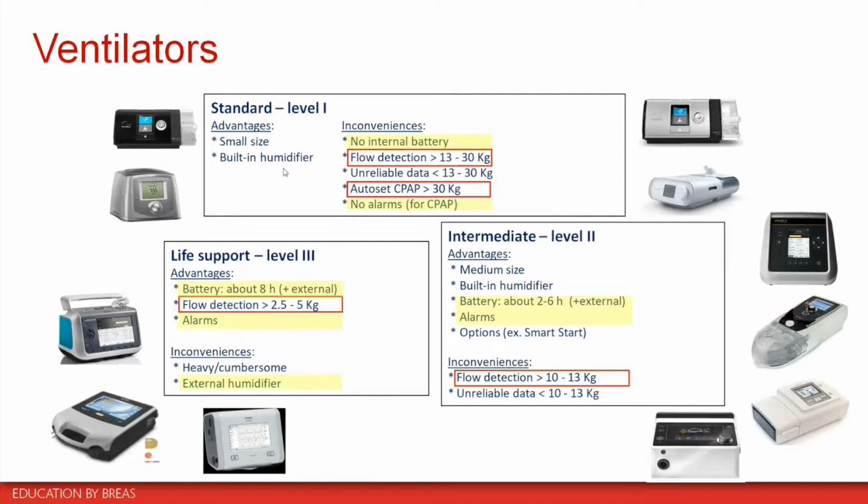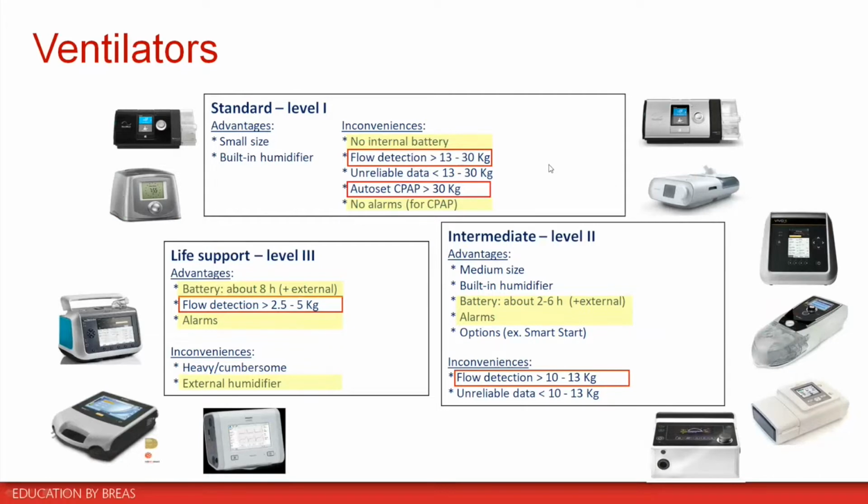The CPAP devices will do both constant CPAP and auto-set CPAP, while the NIV level 1 ventilator will do only constant CPAP and, obviously, NIV with different modes of ventilation. They also have a built-in humidifier, as you can see, for example, here. This is inside the ventilator, hidden inside.